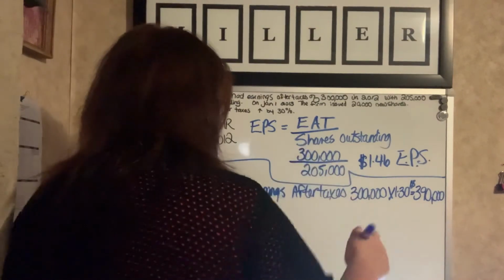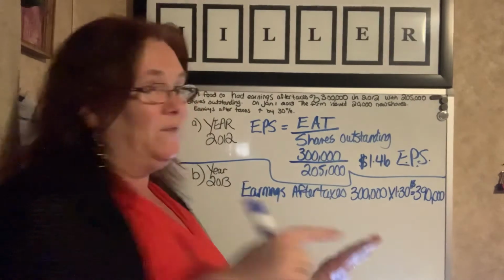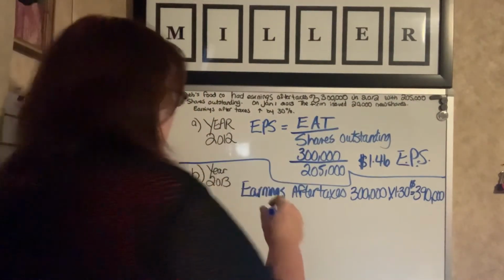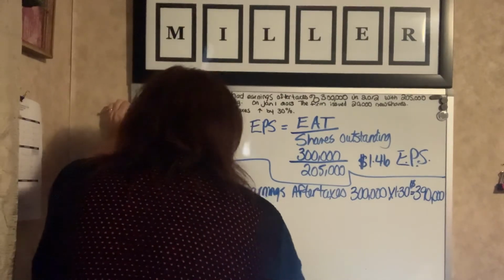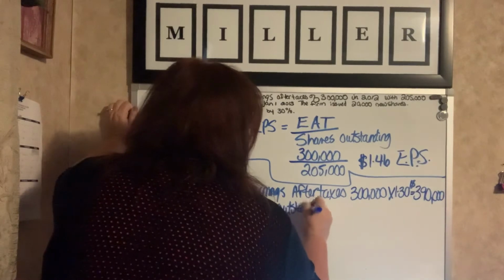The second part is that shares outstanding part. Remember, we've added 20,000 more shares now, right? So this is what we call shares outstanding.